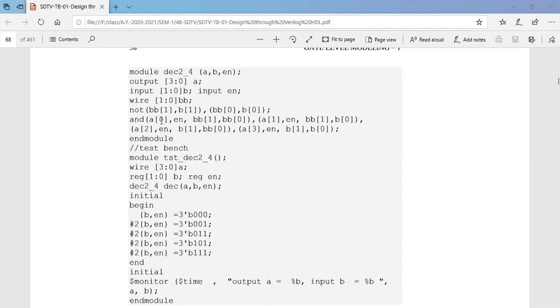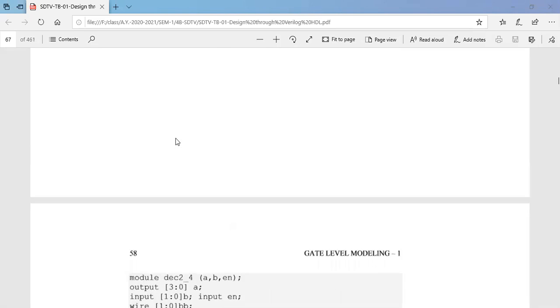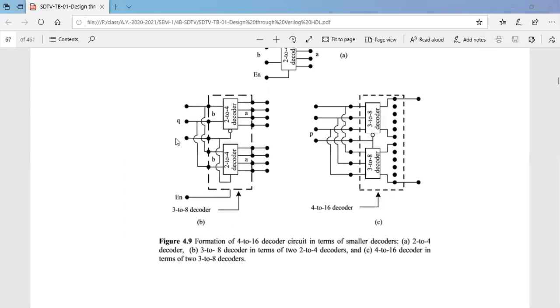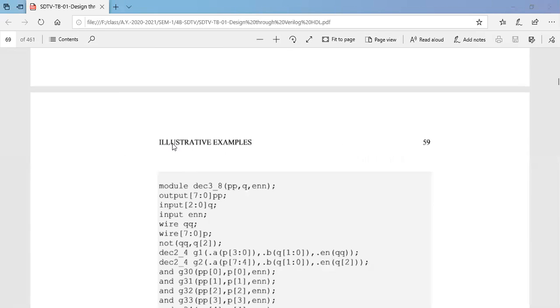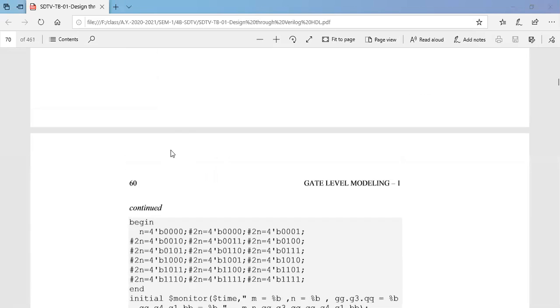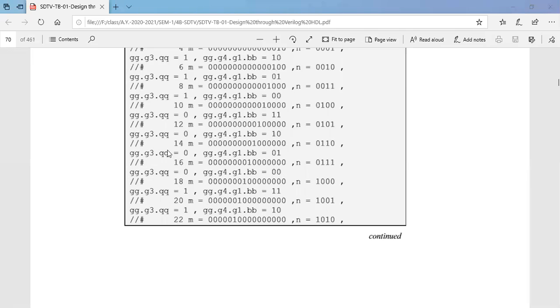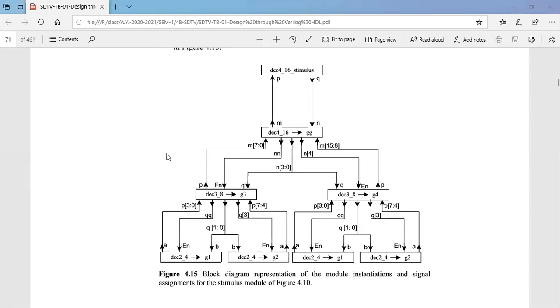So we are using AND gates, 4 AND gates, right? You have to see the structure here. You can recollect, structure is regular.